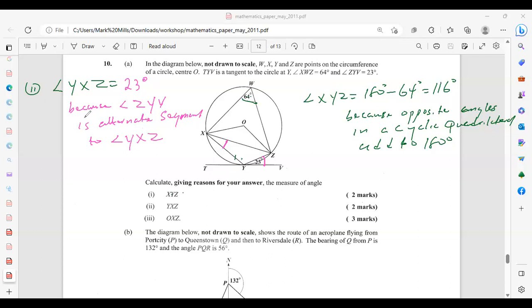What is the last question? Question number 3. OXZ. This angle here, easy.